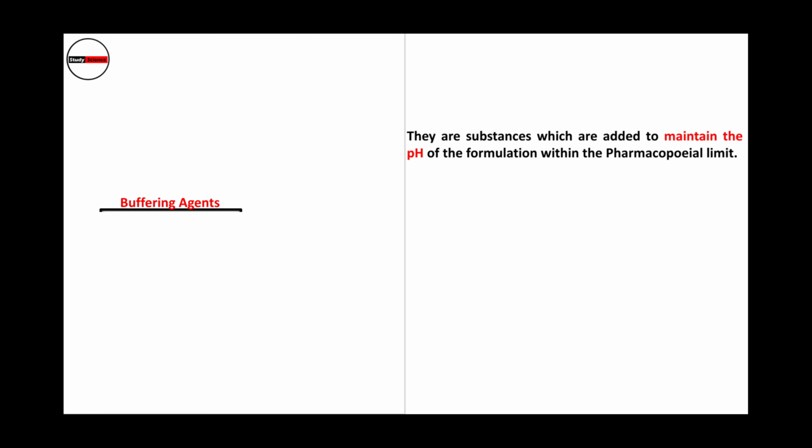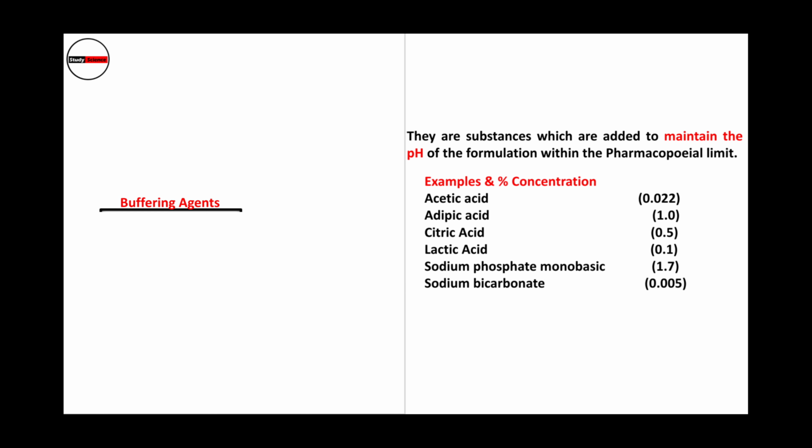These are the examples of buffering agents which we add in parenterals with their percent concentration: acetic acid 0.022%, adipic acid 1%, citric acid 0.5%, lactic acid 0.1%, sodium phosphate monobasic 1.7%, sodium bicarbonate 0.005%.